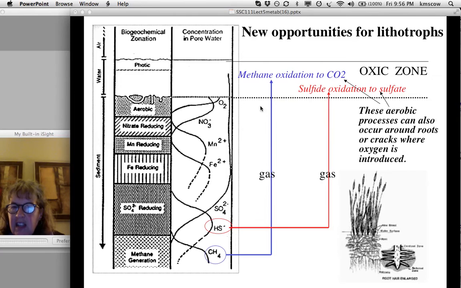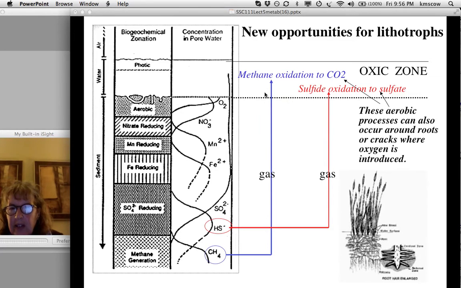And indeed, in this oxic zone, where there is plenty of oxygen at the surface, these really good donors are now in an area where there is electron acceptor present, and they are going to be utilized by organisms that will grow in biofilms like methanotrophs or sulfur oxidizers at the surface of the flooded system, maybe in films that form at the surface.